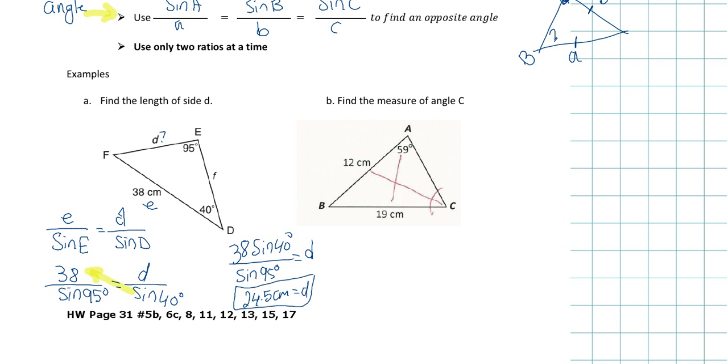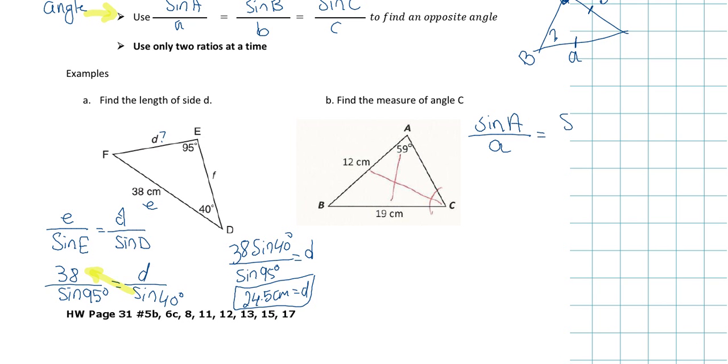Remember this time I'm looking for an angle. So sine is going to be on the top, and let's fill in the information. Sine 59 over 19 equals sine C over 12.